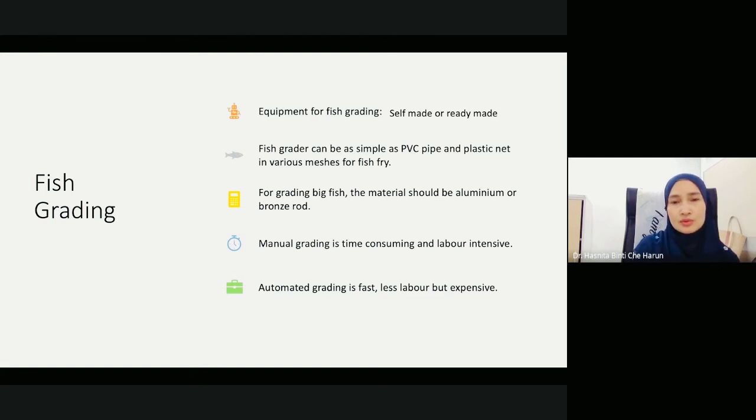So for small scale aquaculture production, you may use a manual grading technique, but then it is time consuming and labor intensive.